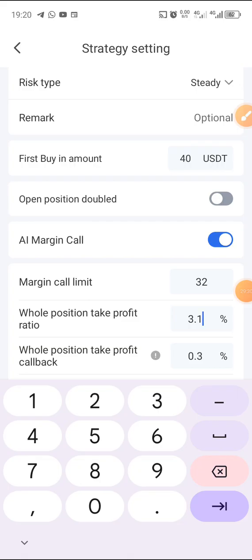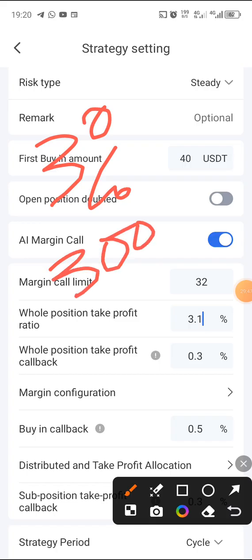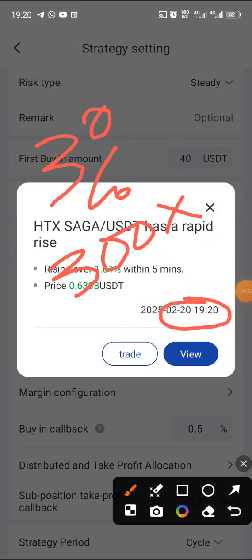I'm going to be explaining why we put 3.1. Remember, our strategy to help you maximize your profits is the 3% 300x. That's why we are going to be using this take profit.